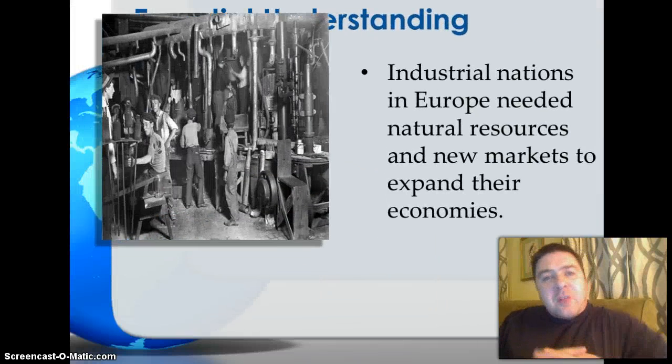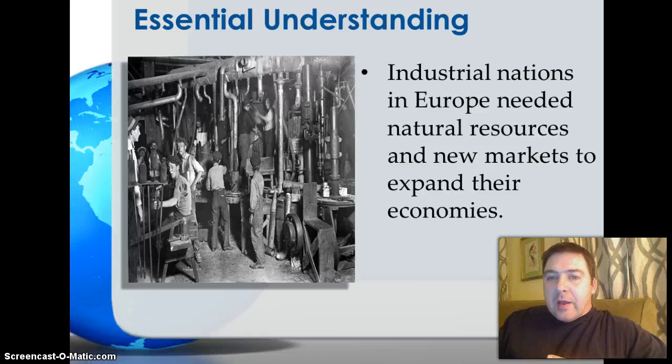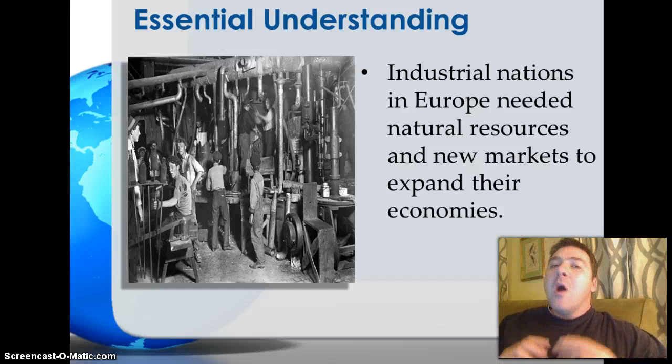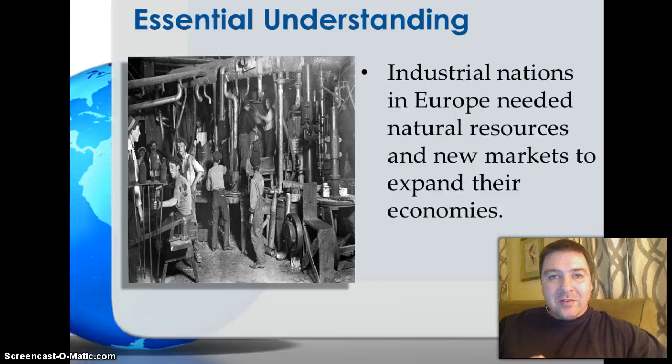There's some essential understanding to help us with this question. The first piece is that these industrial nations in Europe needed natural resources and they needed new markets to expand their economies. These factories that were developing in Europe required a lot of coal, iron, copper, all of the natural resources, and Europe in the first part of the Industrial Revolution had enough of these natural resources in the ground to supply its needs.